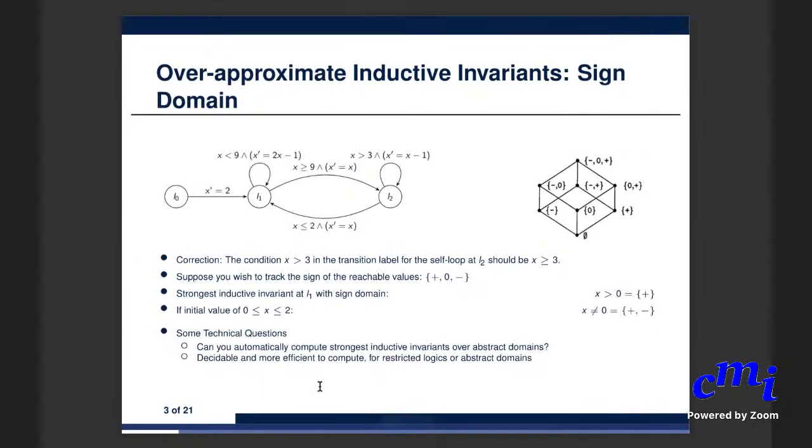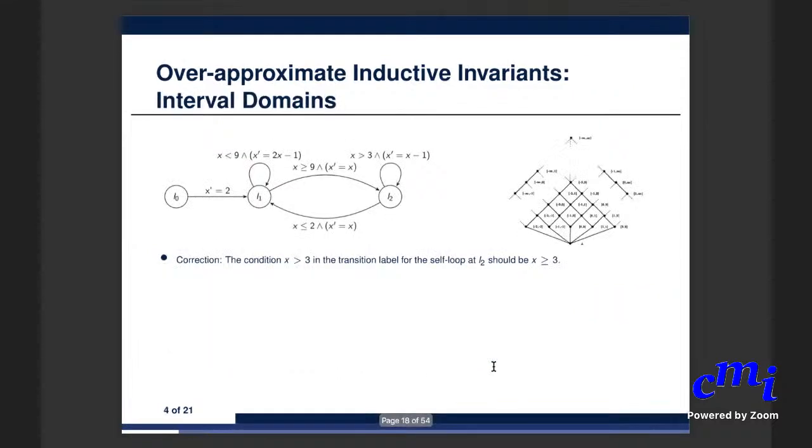Yes, these are over certain kinds of domains, like I've shown here, as well as certain other kinds of domains like interval domains, polyhedral domains, and so on. It is not only decidable to compute, but there are efficient methods to compute them for restricted logics and restricted abstract domains.